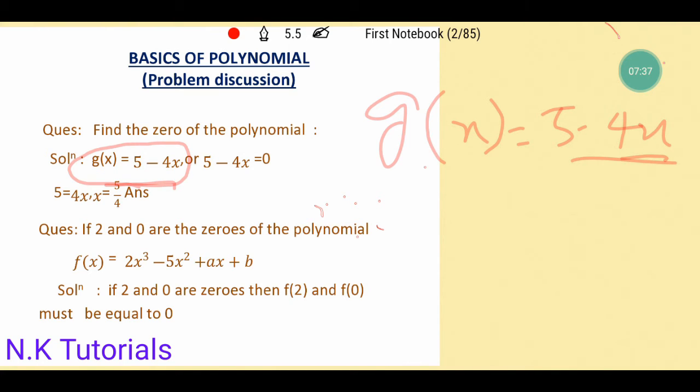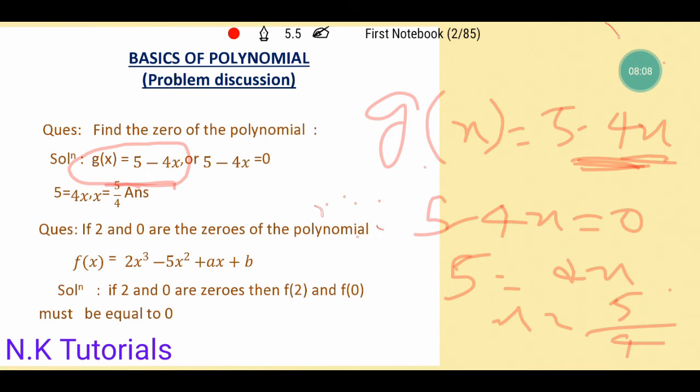I've already told that zero means the value of x for which the function is zero. Here, this is an expression, we will make it an equation and then find the value of x. So 5 minus 4x is equal to 0. Now we can find the value of x like we do in a linear equation. 5 is equal to 4x, x is equal to 5 by 4. Done.